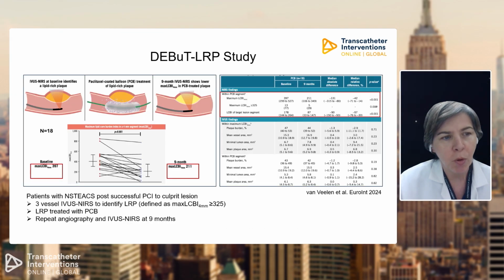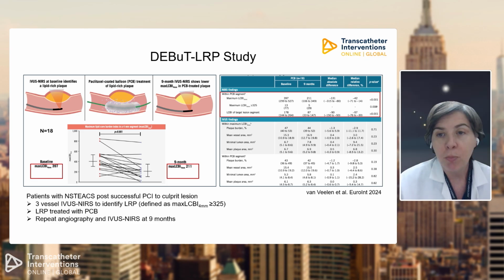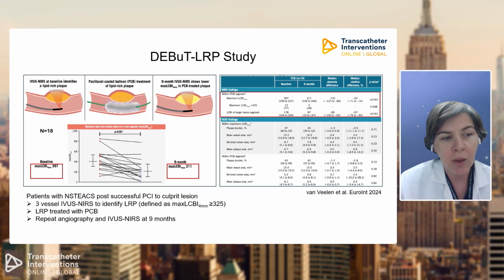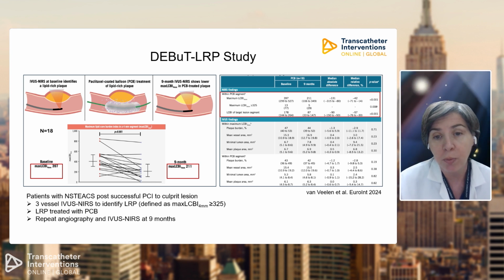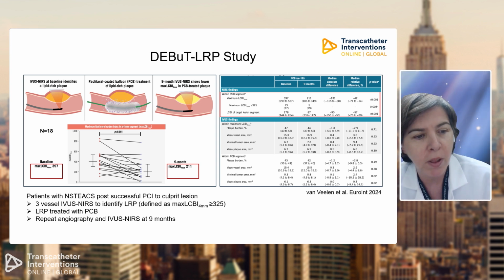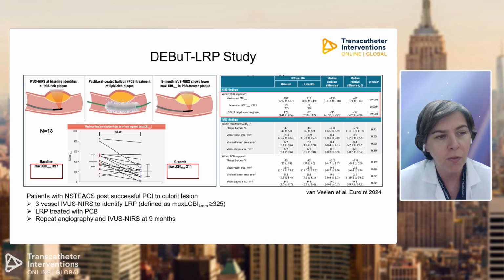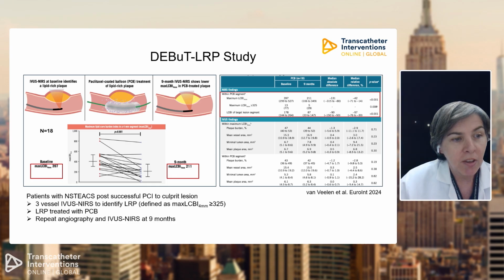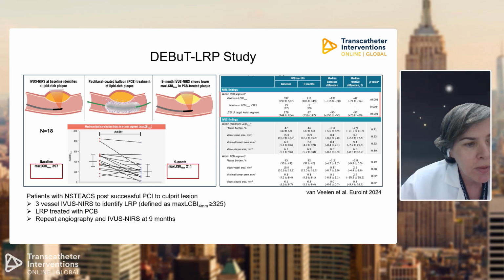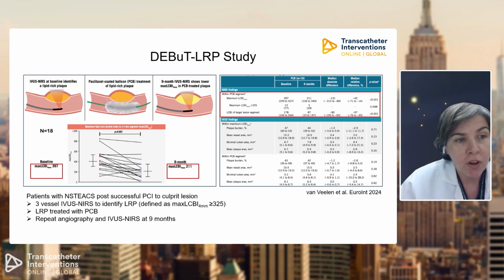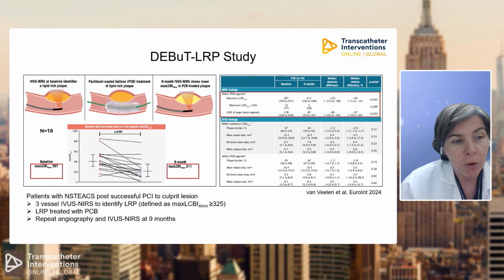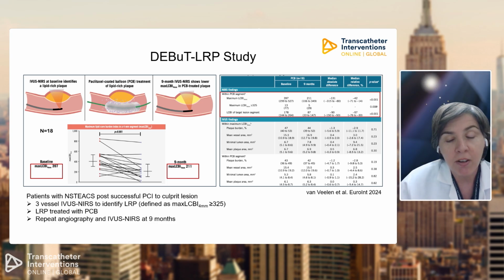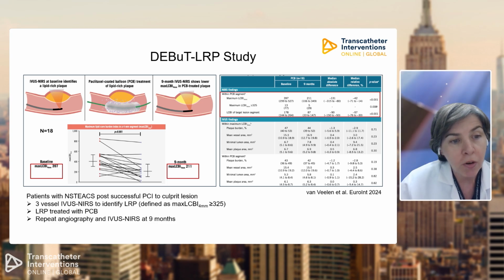So in this small study, it was 18 patients who'd presented with an ACS. They'd had successful PCI to their culprit lesion. They then went on to 3-vessel IVUS NIRS performed to look for these lipid-rich plaques, with a threshold of 325. On the left-hand side, you'll see that the baseline maximum LCBI was 397. The patients then had these lesions treated with a paclitaxel coated balloon and then returned 9 months later and had repeat angiography and repeat NIRS.